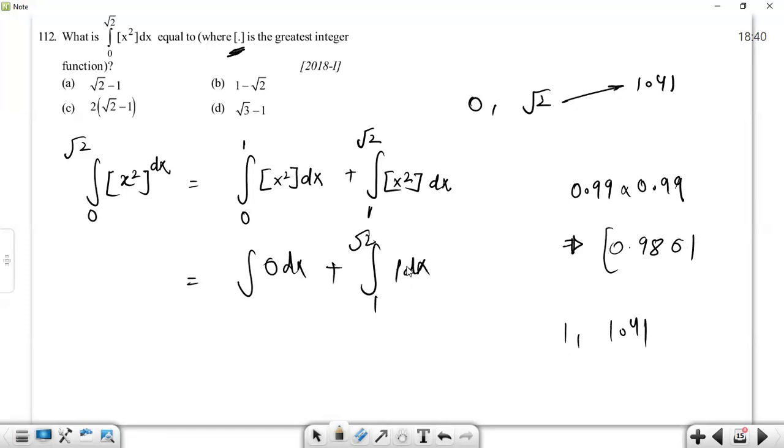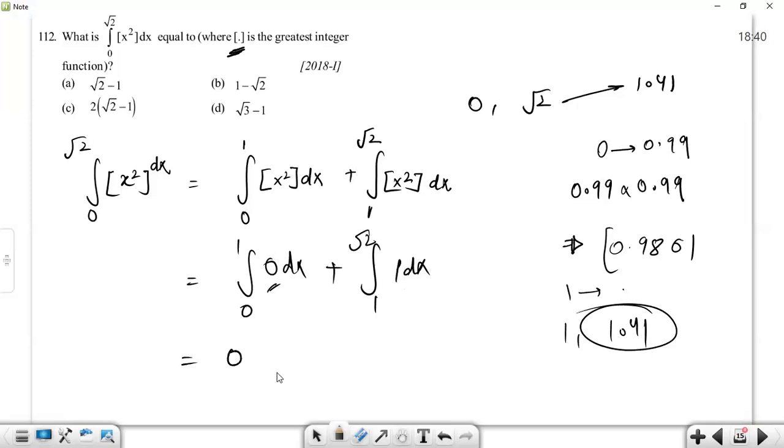Are you able to understand why I have written 0 and 1 here? Because for all values from 0 to 0.99, the greatest integer function is just going to become 0. And for all values from 1 to square root of 2, the greatest integer function is going to give 1 as the output. So have you understood why I have written so?